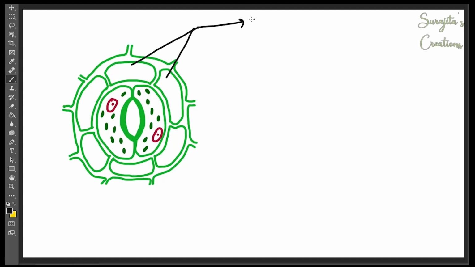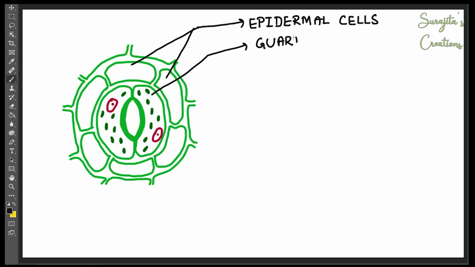Let us label the parts. These are the epidermal cells. Then this is the structure of the guard cell. This is the outer thin wall of the guard cell, that is away from the stoma.